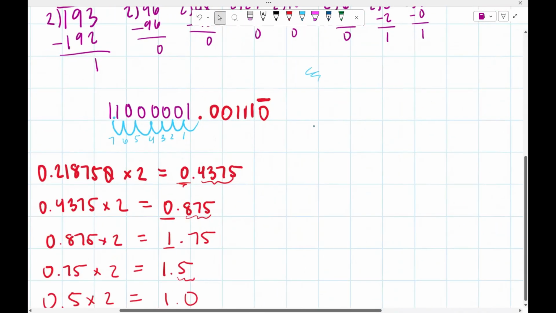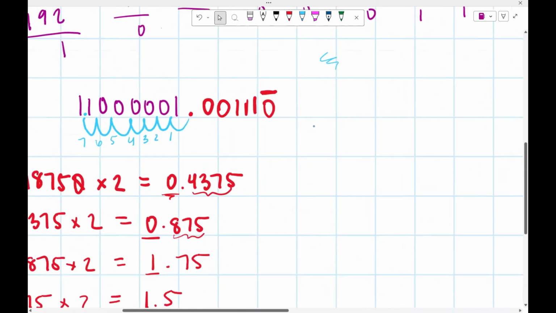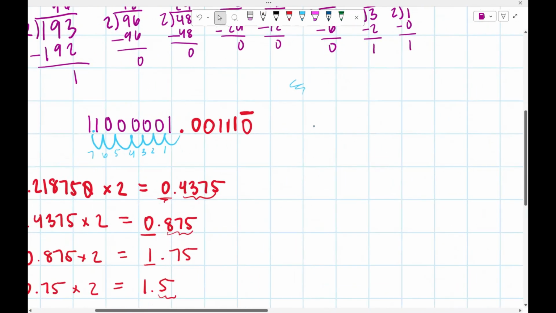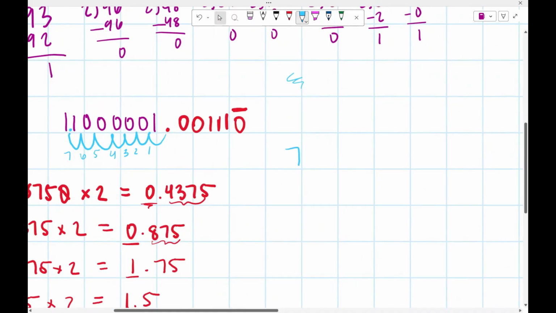Okay. Now that we have how many times we were able to move it, we're going to take that number and we're going to add the bias. The bias is 127.